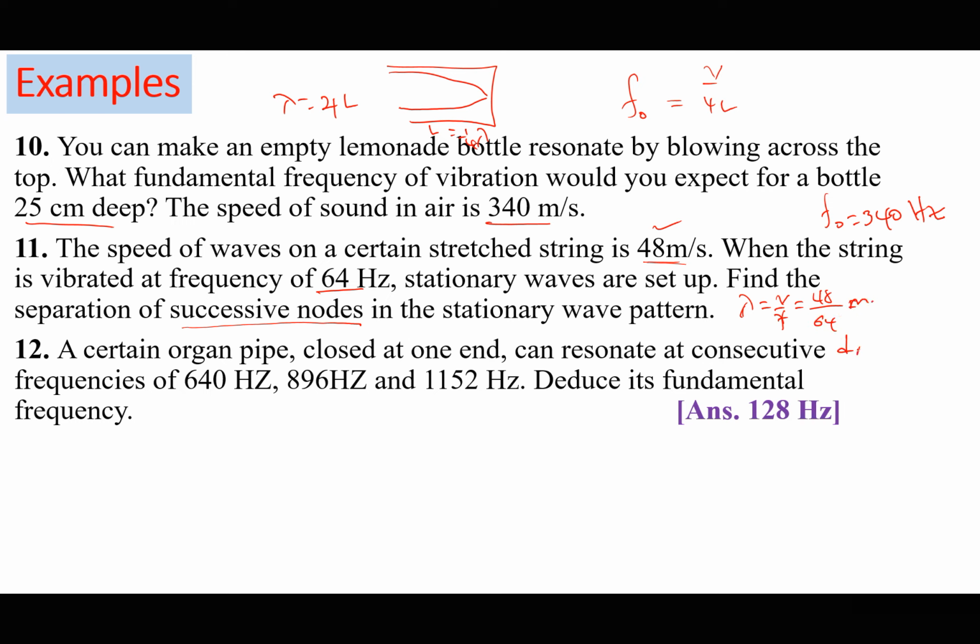So distance between a node and a node is equal to half of wavelength. So I'll say 48 divided by 64 times 2 in the denominator, which gives you 0.375 meters.